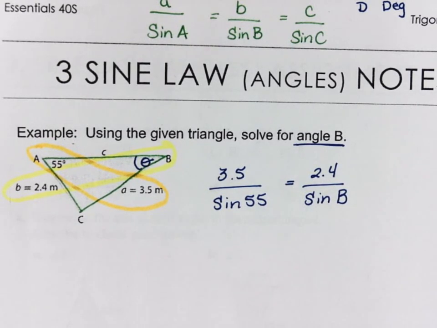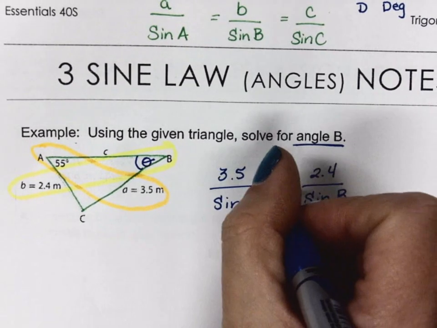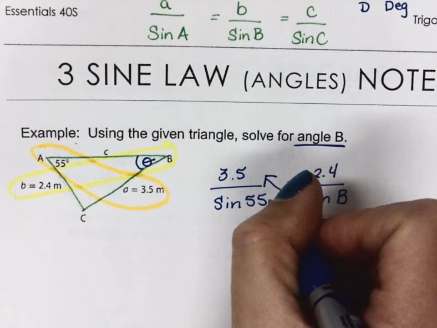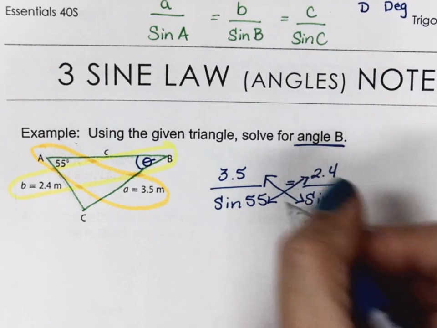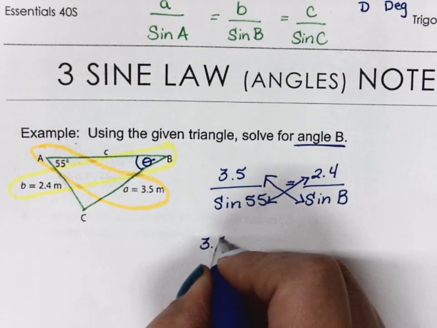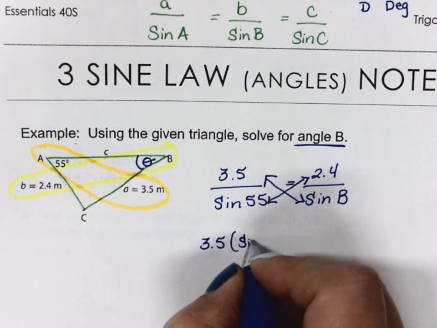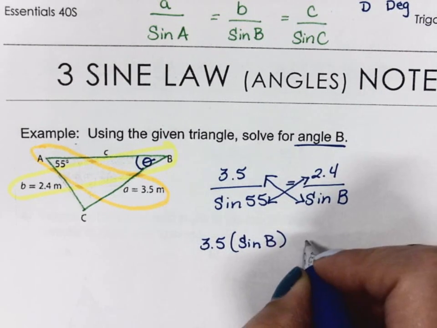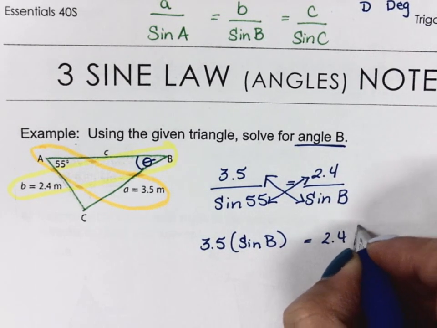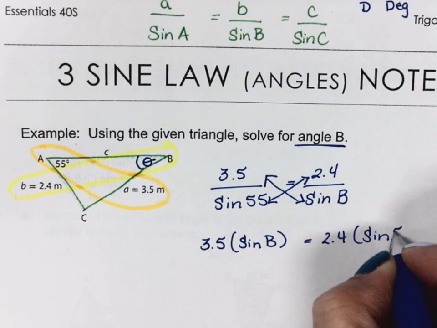Okay, so we're going to do the same thing we did yesterday. We're going to cross multiply. So we're going to multiply those two things and these two things. So we're going to have 3.5 times sine of B equals 2.4 times sine of 55.